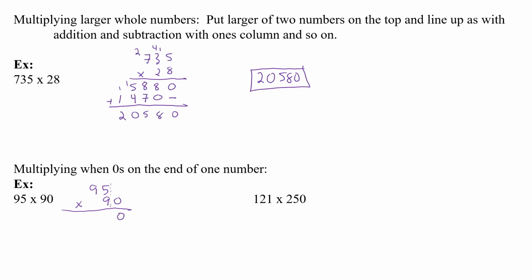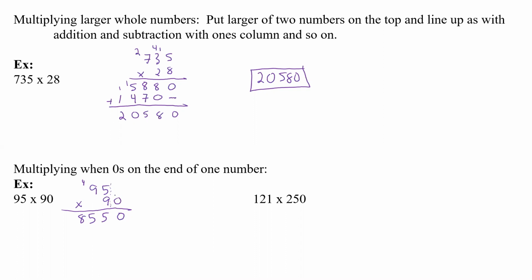And now I'm going to multiply the numbers here, the 9 times 5, carry, the 9 times 9, and then add whatever is left. So 5 times 9 is 45, carry the 4. 9 times 9 is 81, plus 4 is 85. Okay.